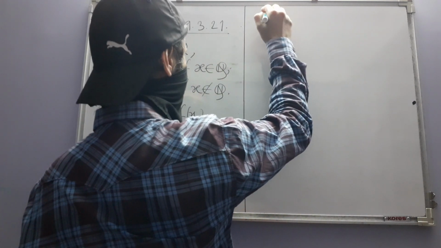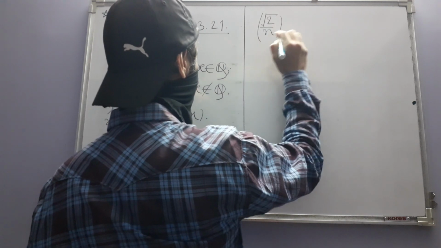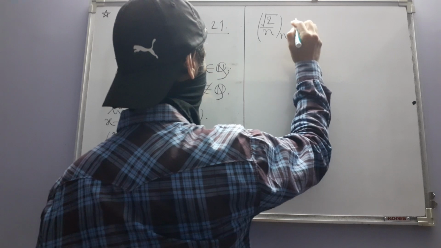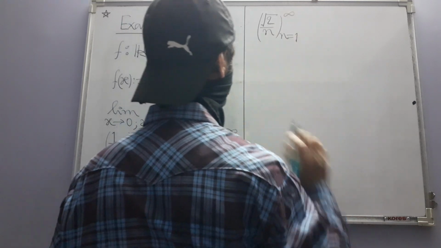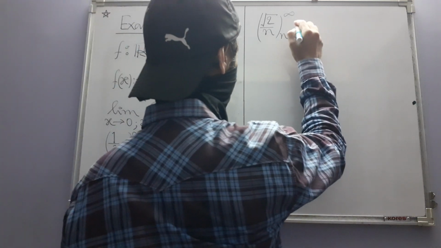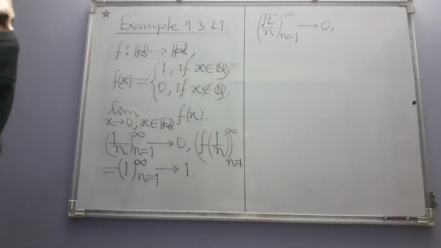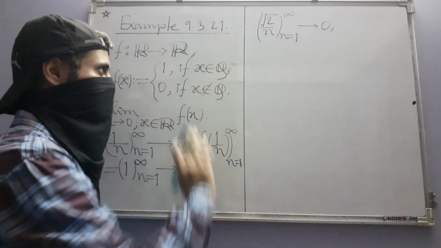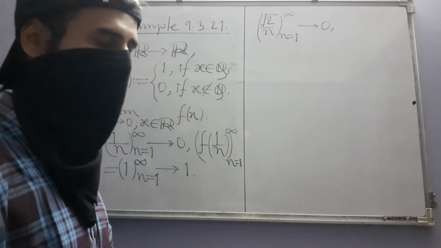But instead of this 1 over n sequence, we could also consider this, which cannot take n equal to 0. We can consider this sequence as well. This also converges to 0 and is also a sequence of real numbers. But now the terms of this sequence are all irrational numbers due to the presence of root 2.